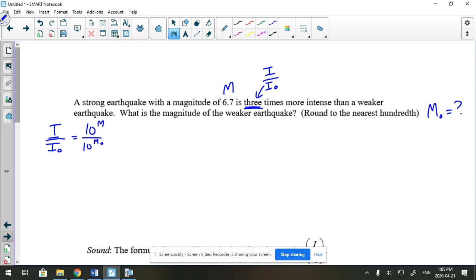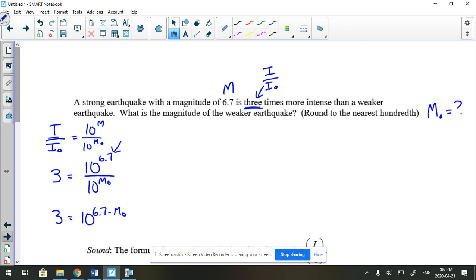And I'm going to plug in what I know. My intensity is 3. I want to figure out my weaker earthquake, so I know my top number is 10 to the 6.7, and then I have 10 to the M naught. Same method as before, I'm going to simplify this one, same base, I'm dividing, that means I can rewrite it in a simplified way by subtracting the exponents.